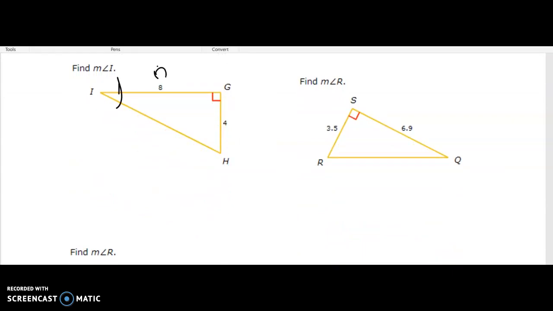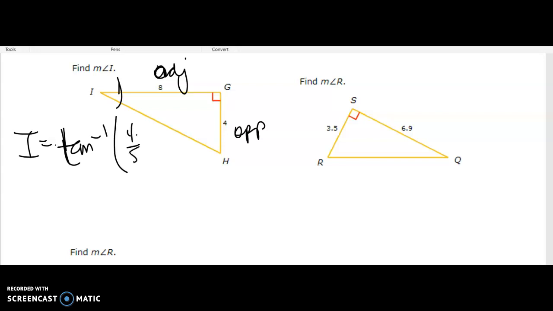Find I. This is adjacent. This is opposite, which is tangent. So I equals inverse tangent of opposite over adjacent. If you want to put 1/2, you can.